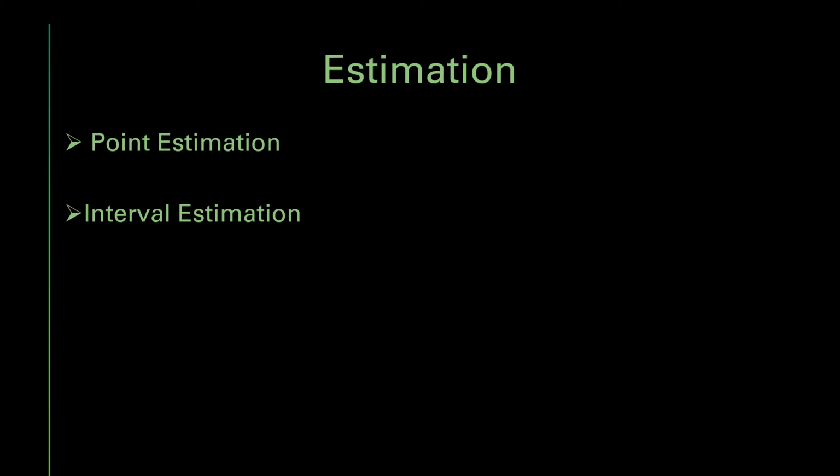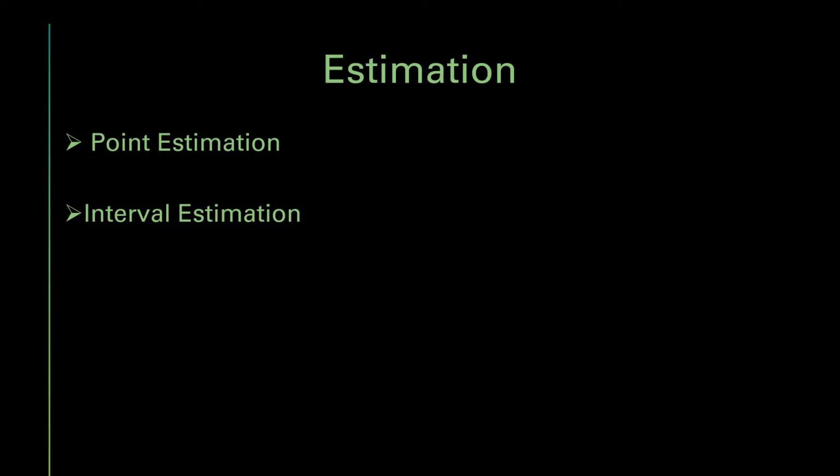What is an estimation? Estimation has got two things. We can say an estimation as a point estimation, or it can be an interval estimation. For example, if I am talking about the age of a person, I can predict that the age of that person is exactly 28.